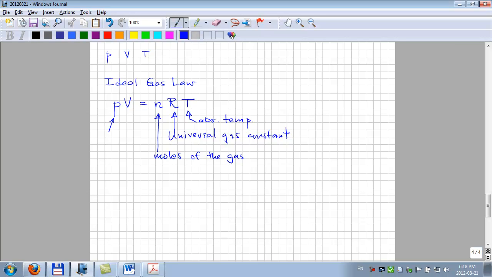Of course, in petroleum, we have to say this is absolute pressure. We don't want to use this equation with pressure in psig. Anybody not familiar with this equation?